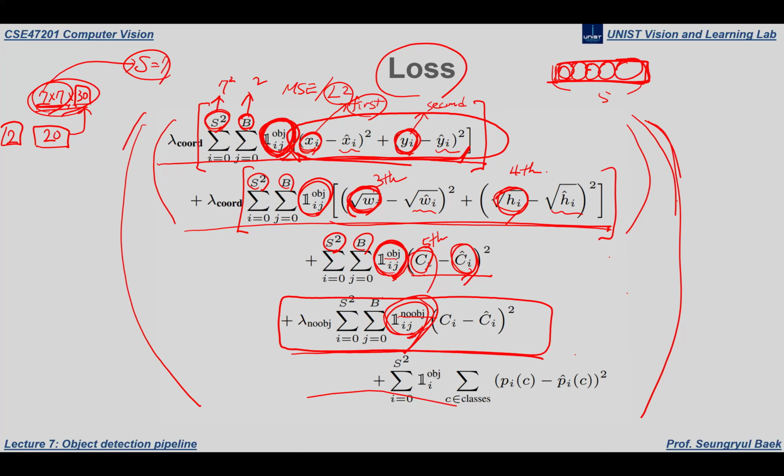But this one does the opposite: for the grid which does not have an object inside, this becomes 1, and for the grid which has an object inside, this becomes 0. Are you understanding this? Easy, right?